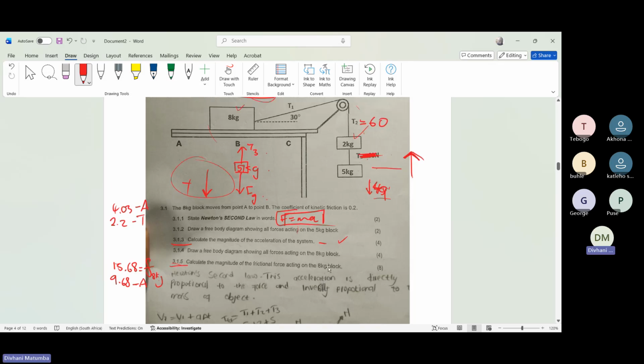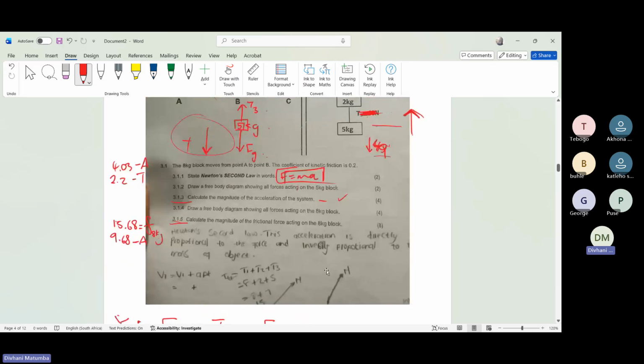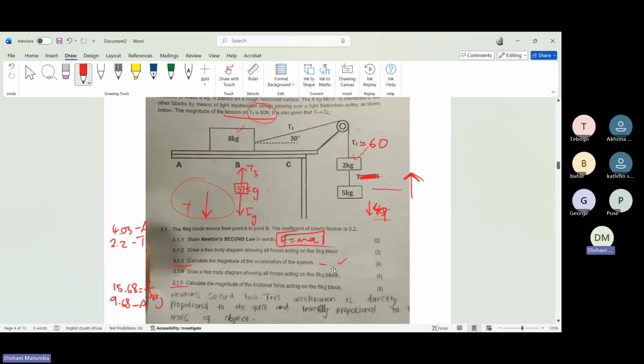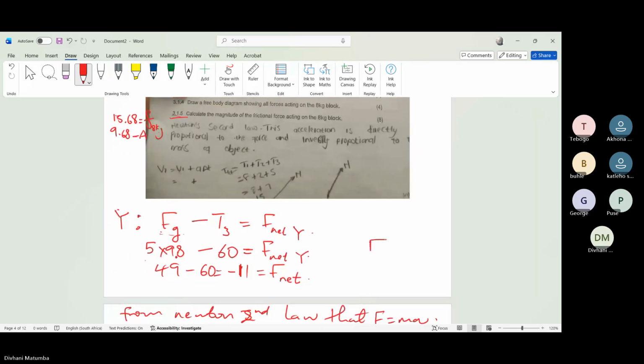Yeah, now we can do it together. So the free body diagram for the 8 kg will be as follows. Let me find a space.